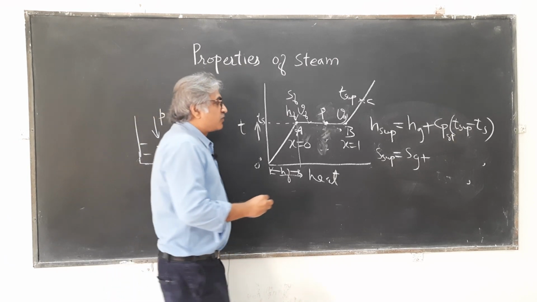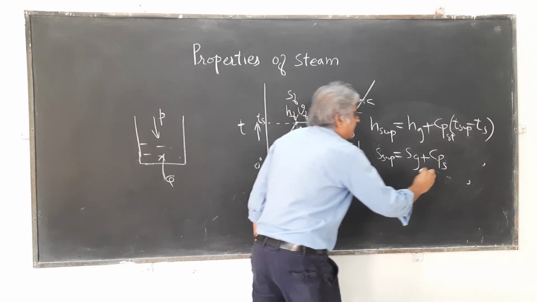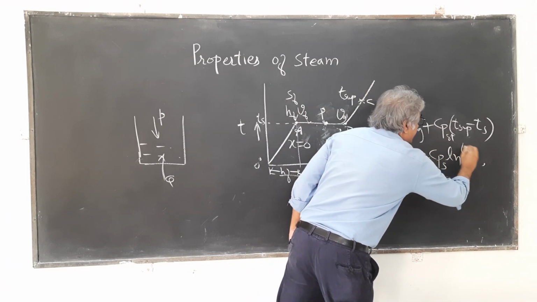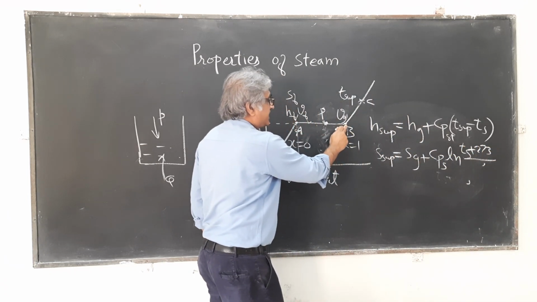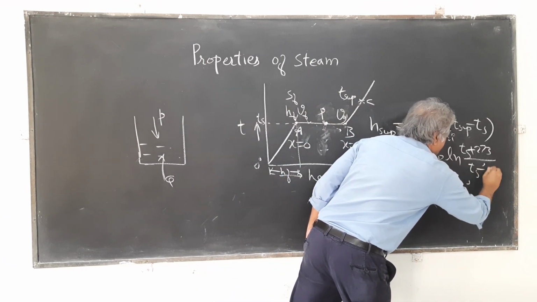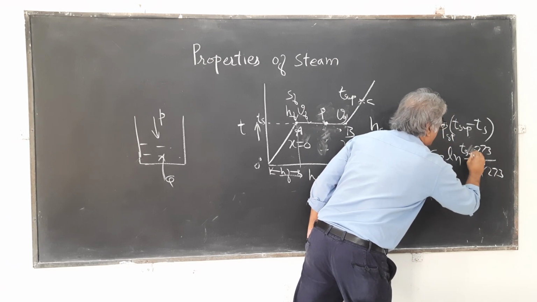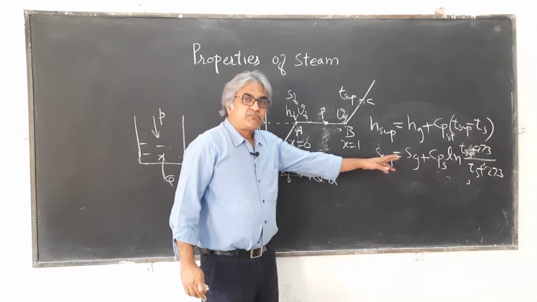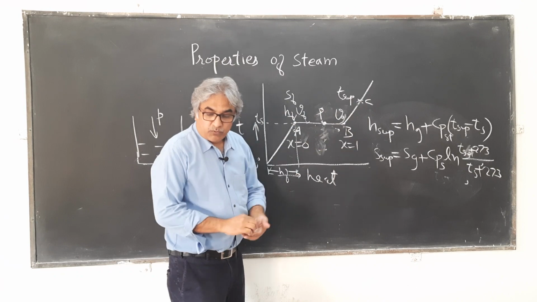M is 1, Cp is of steam, and ln of T superheated plus 273 upon Ts plus 273, because here the temperature is Ts. So this will give you the entropy at this point.